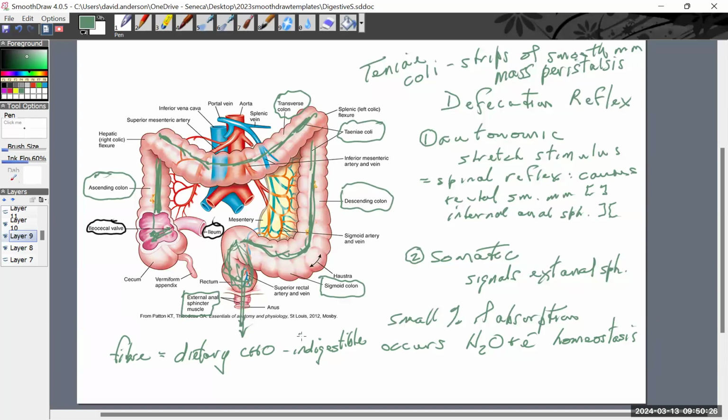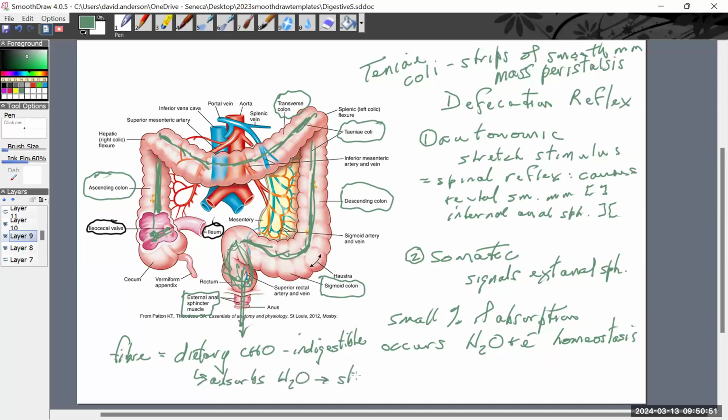But we don't have an enzyme called cellulase like a cow would have, or other animals that feed off of plants primarily. So in this case, it's indigestible, so it's going to be contributing to the mass that's delivered to the large intestine. And it's very good at absorbing water.